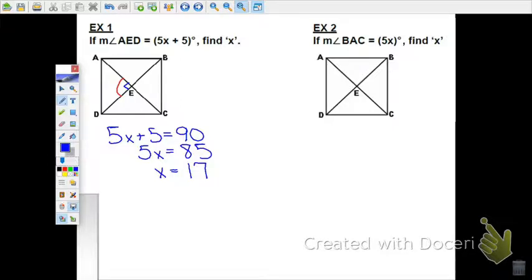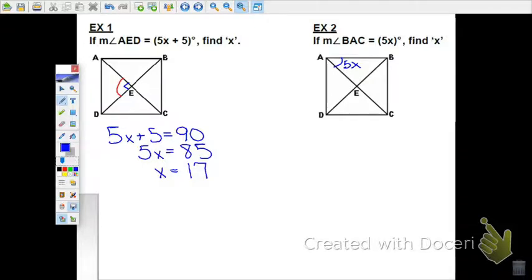This next example tells us that the measure of angle BAC is 5x, and we want to find x. So what can we do to find x with this one? I'm going to apply a couple different properties. Wouldn't it equal 45?